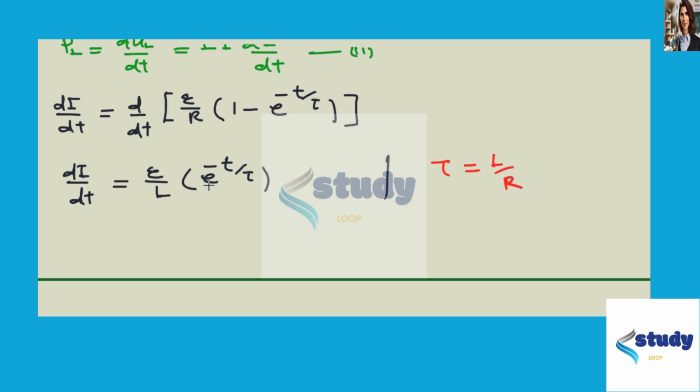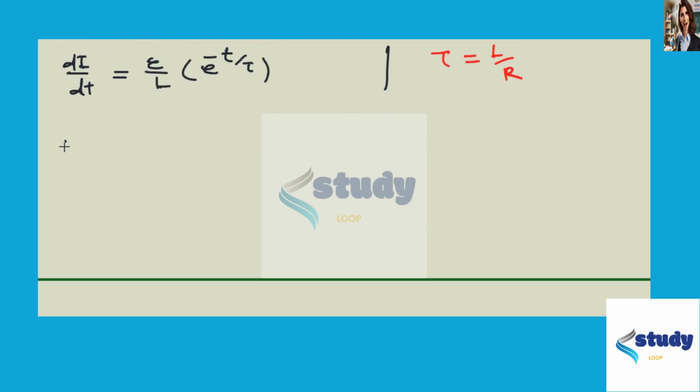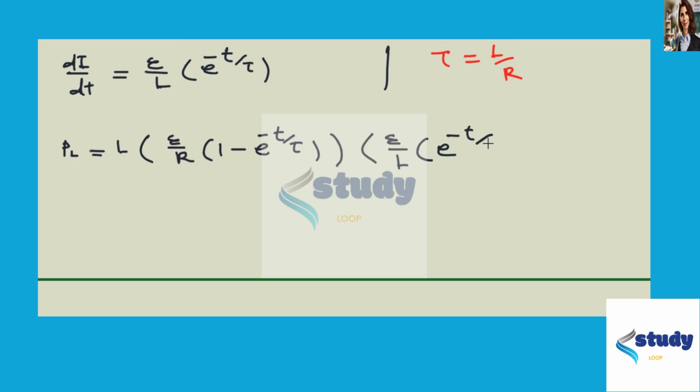Now by inserting the value of i and di divided by dt into equation number 2, we can write PL is equal to L into E divided by R into 1 minus e raised to the power minus t divided by tau, brackets close, into di divided by dt, which is equal to E divided by L into e raised to the power minus t divided by tau.